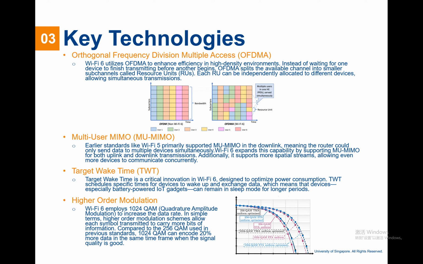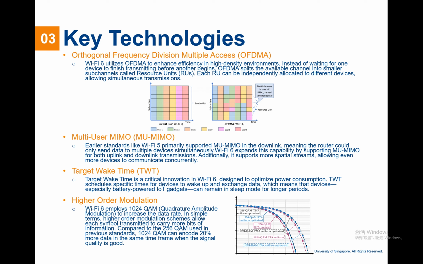Wi-Fi 6 expands this capability by supporting MU-MIMO for both uplink and downlink transmissions. Additionally, it supports more spatial streams, allowing even more devices to communicate concurrently. This results in higher throughput and improved performance in environments with many connected devices.